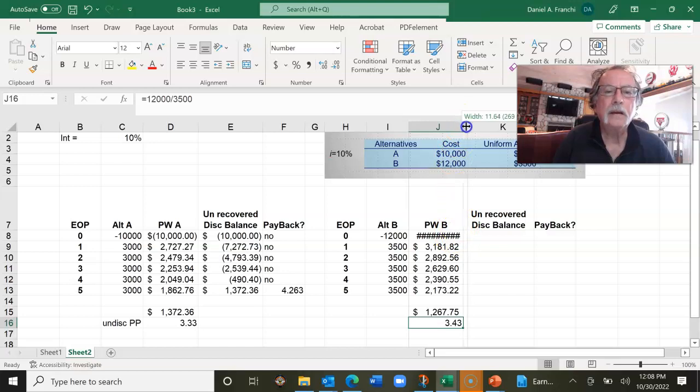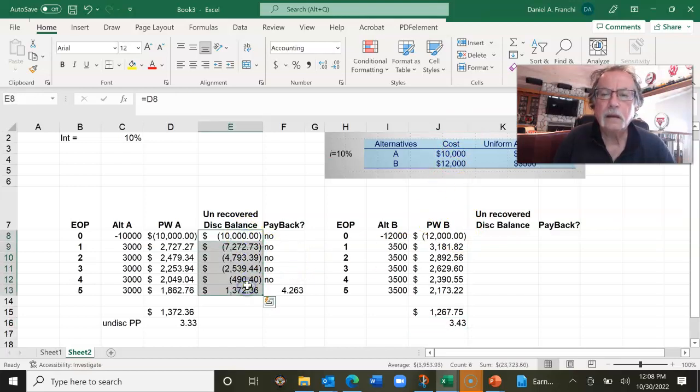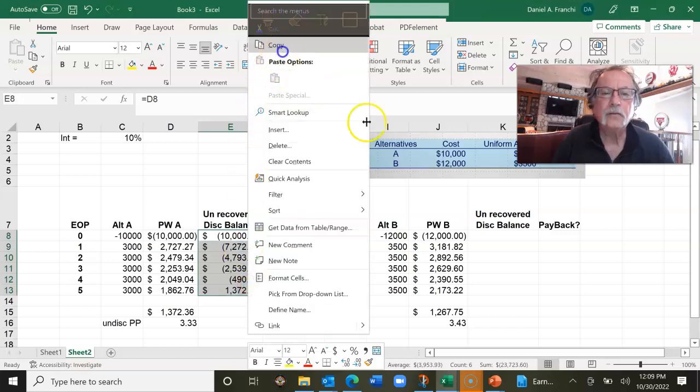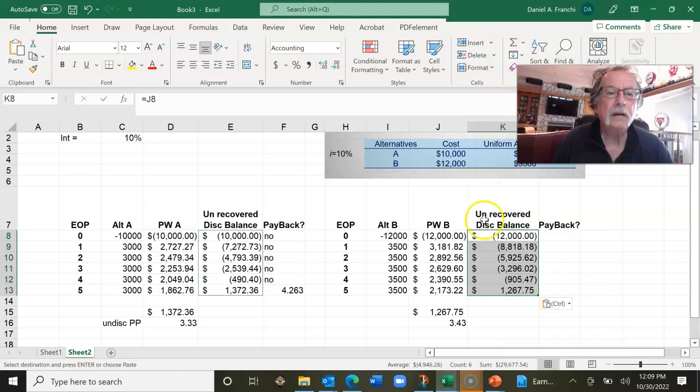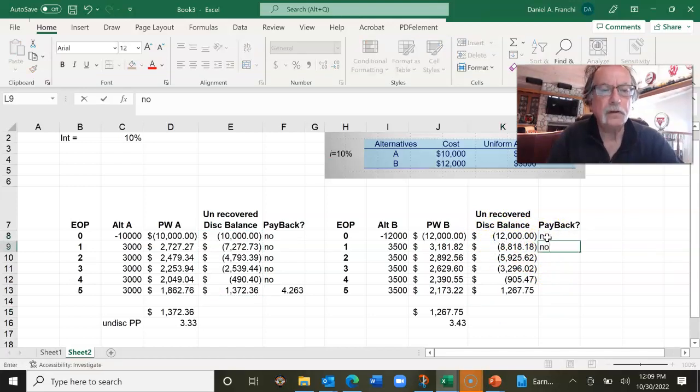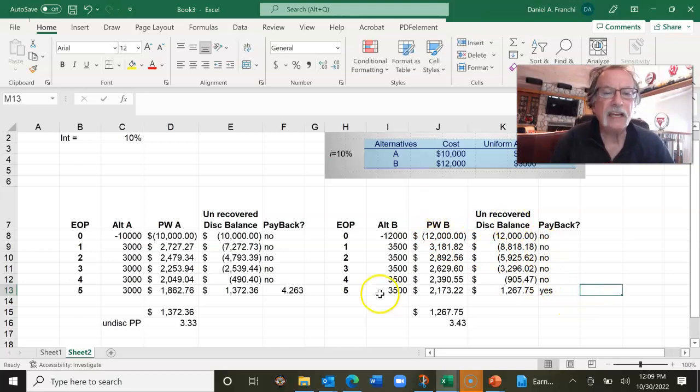Okay. See if I can do a copy here. So that's basically the unrecovered balance, payback, no, no, no, no, no, yes. And what we're going to have is the same thing between years 4 and 5.